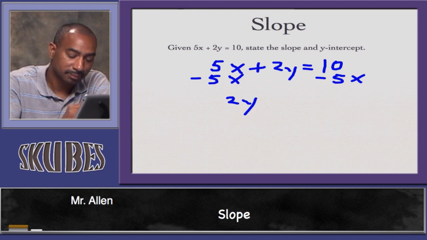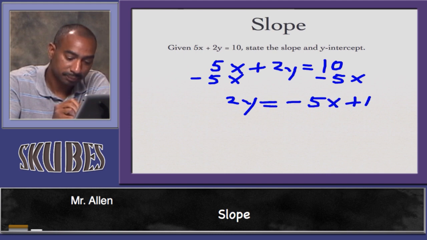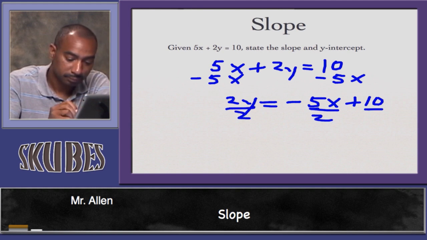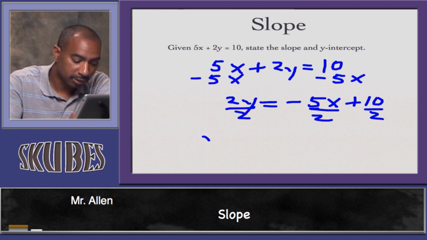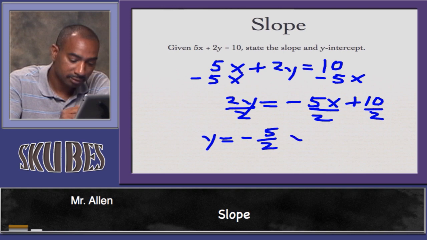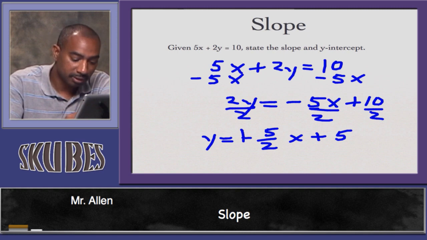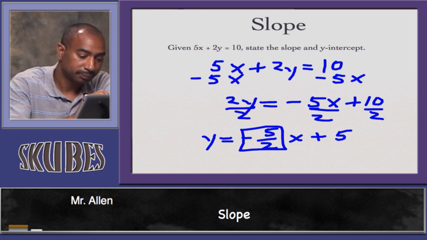This is a 5x. So that's going to be negative 5x plus 10. Then divide both sides by 2. So I get y equals negative 5 halves x plus 5. So I know my slope is negative 5 halves and my y-intercept is 5.